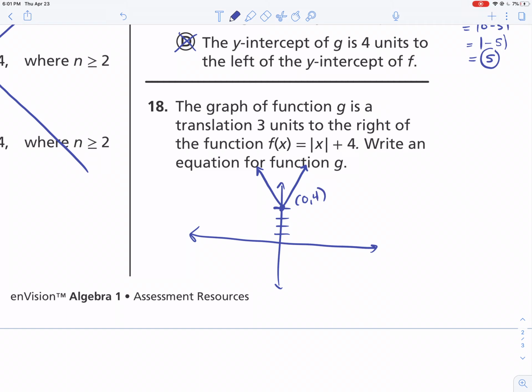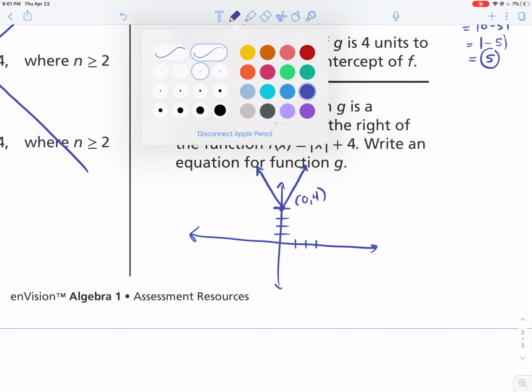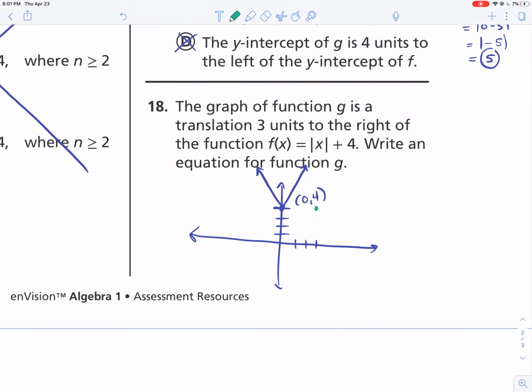And it wants it to go 3 units to the right. So we want our new vertex to be here. Let's use a different color. Okay. So we have to associate some type of 3, and we want our value for this to be 3, 4.